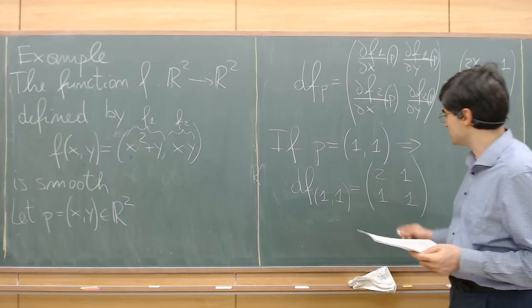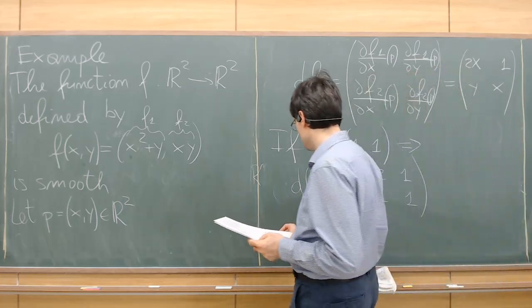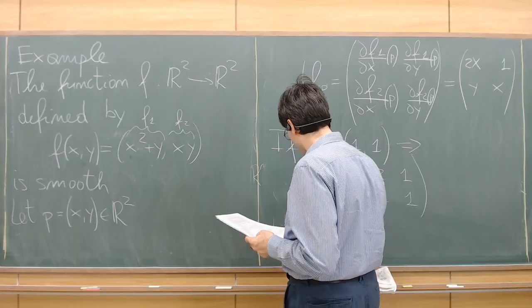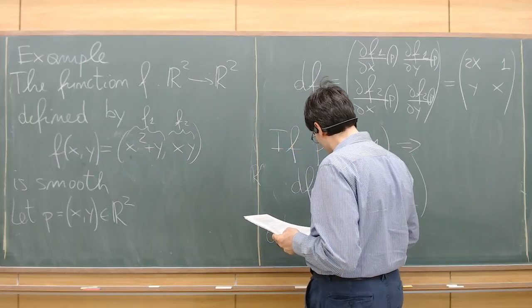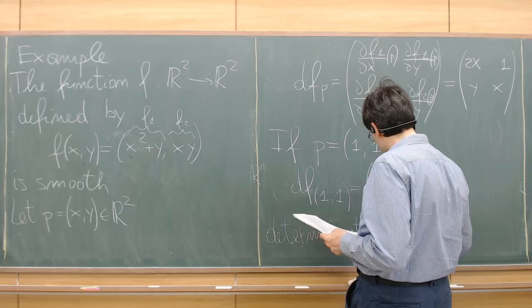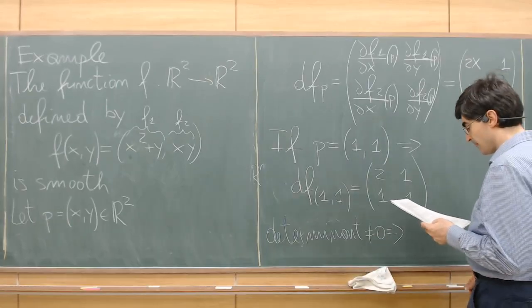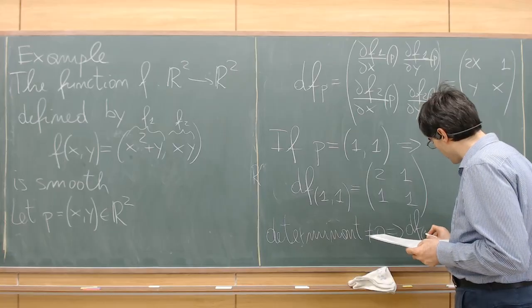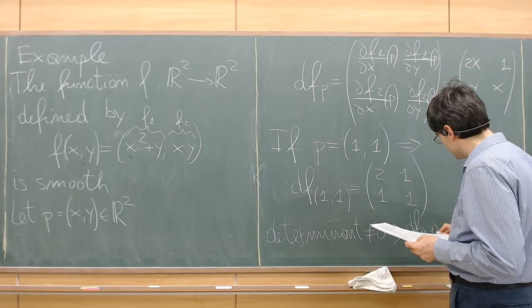The determinant of this matrix is different from 0, which implies df at 1, 1 is invertible.